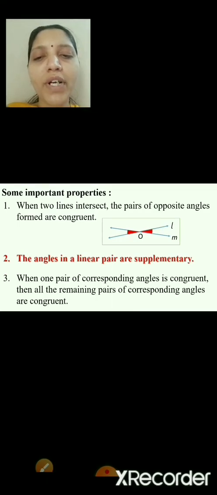Now the next property is when one pair of corresponding angles is congruent, then all the remaining pairs of corresponding angles are congruent. We have seen that there are four pairs of corresponding angles formed, so the remaining three are also congruent.